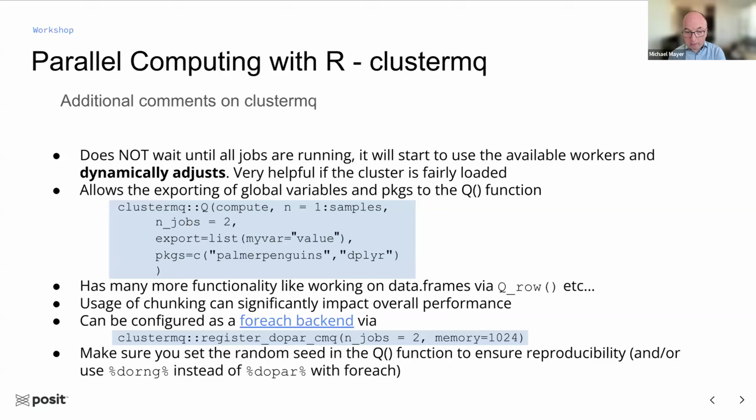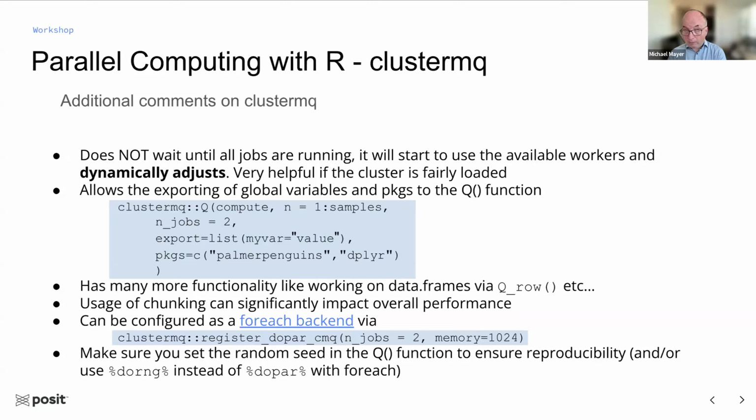If you load the ClusterMQ package and use the function register_dopar_cmq, you can run your foreach loop pretty much unchanged, and foreach and ClusterMQ will distribute that work into those ClusterMQ jobs. And in the Markdown or Quarto document that I have in the GitHub repository, you also find an example of how that looks.